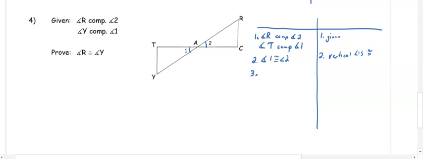Now, because 1 and 2 are congruent and they are complementary to R and Y, we know that angle R is congruent to angle Y, because if angles are complementary to congruent angles, then the angles are congruent.